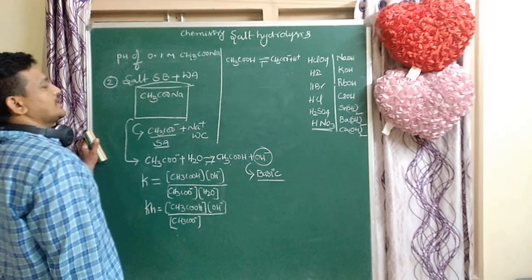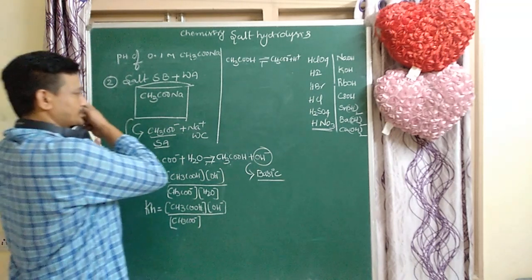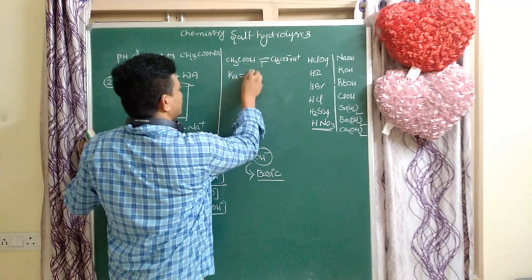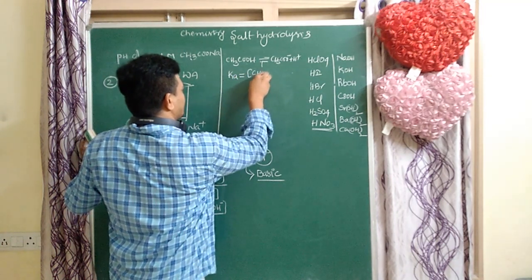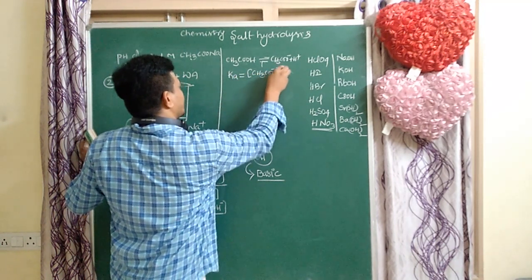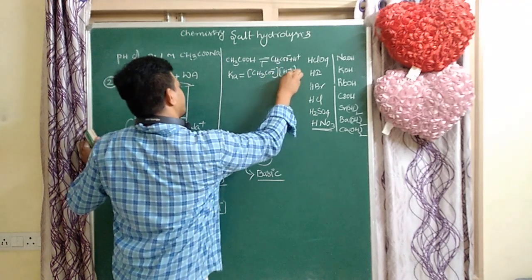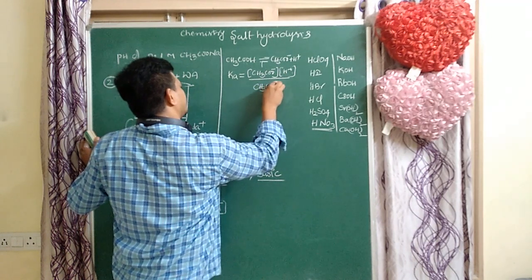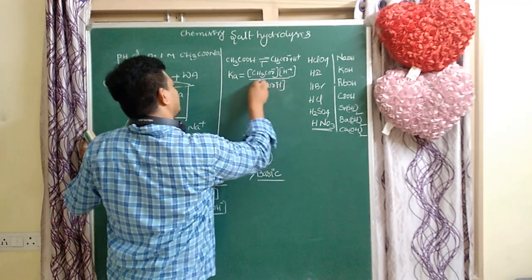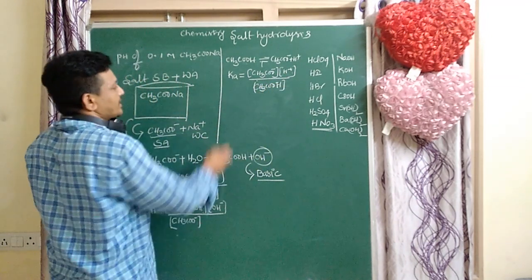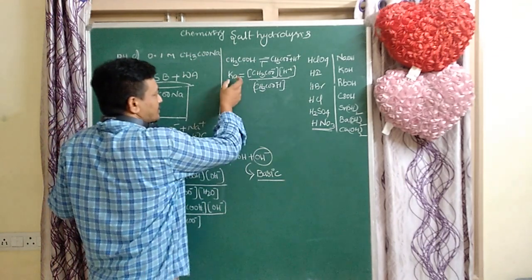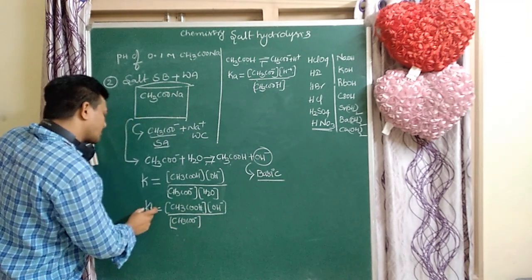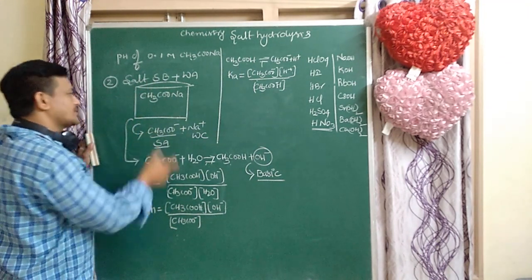For the weak acid, Ka equals the concentration of CH3COO minus times H plus, divided by acetic acid. This is also the equilibrium constant for that equation.